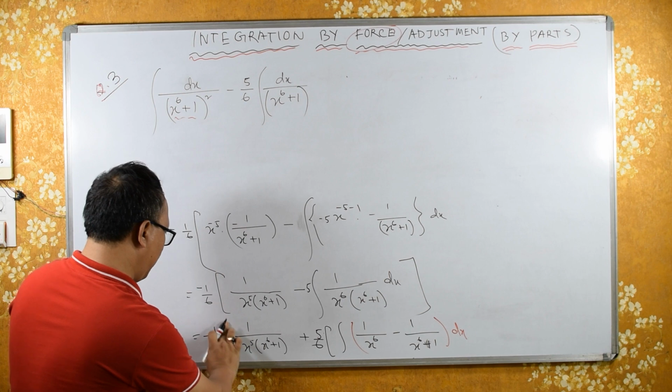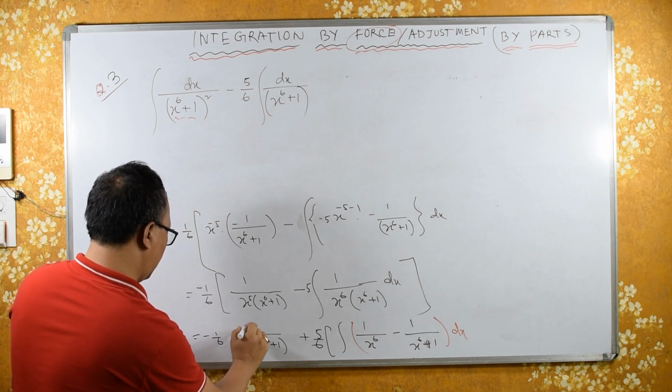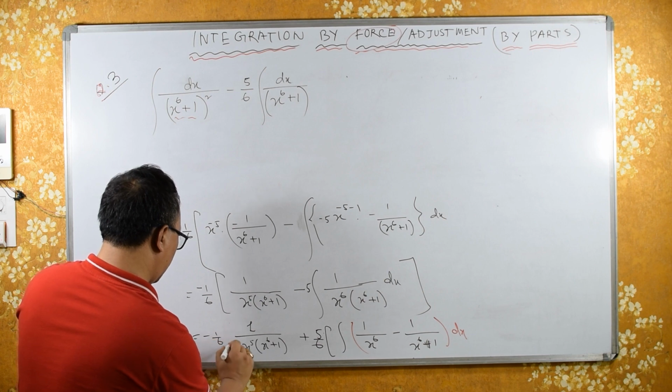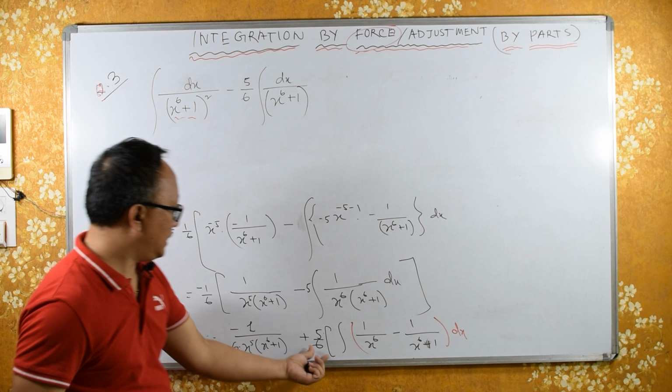I am removing the bracket. Here 1 upon 6, here 6 into minus. Now let's send this inside.